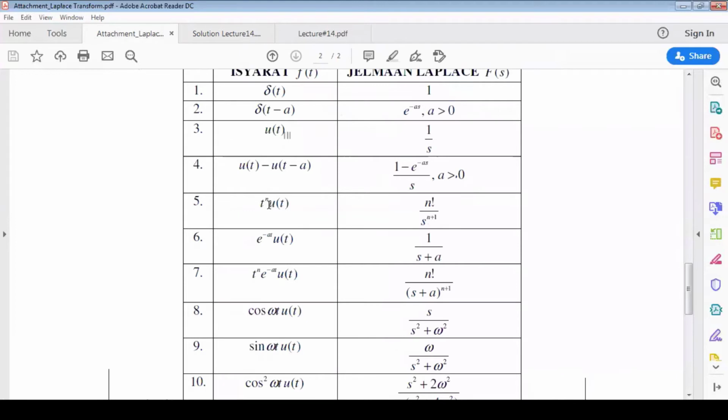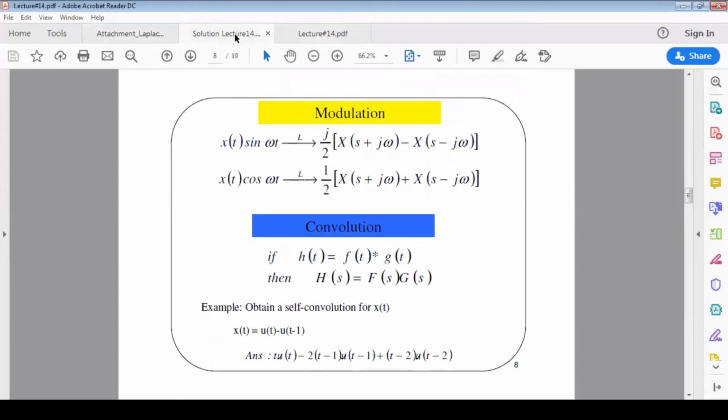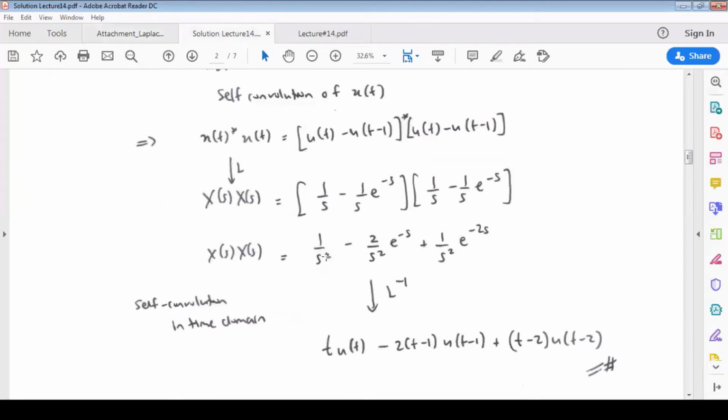If n equals 1, we have 1 over s to the power of 2. So if we have 1 over s squared, its respective time domain function is t u(t). When we do a Laplace transform of t u(t), it gives us 1 over s squared.